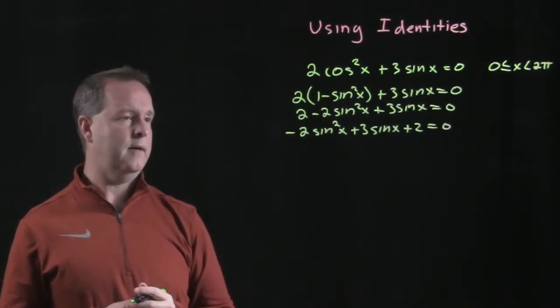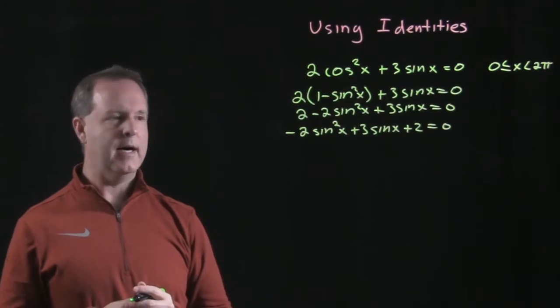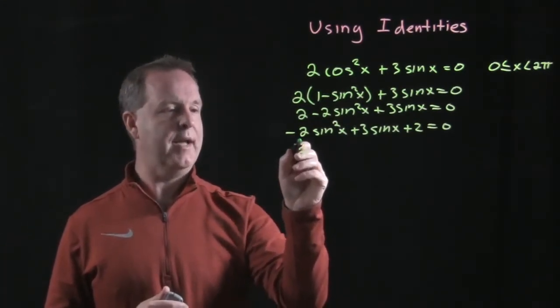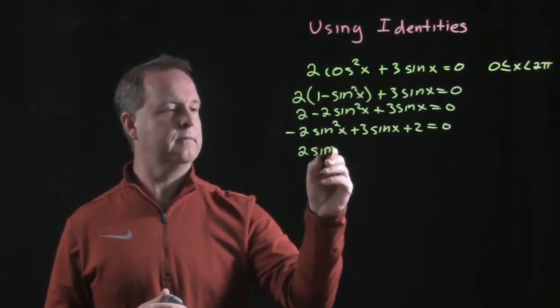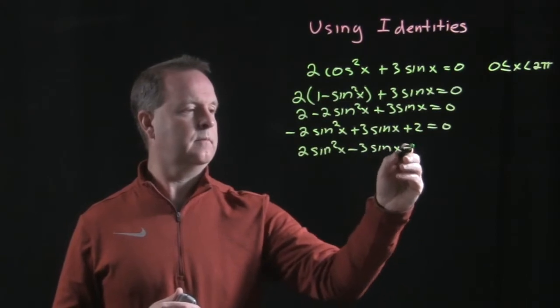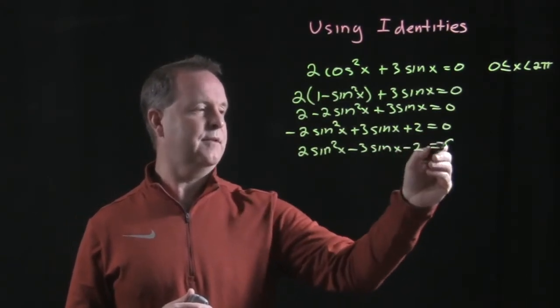I think I did all right there. Just double checking, a lot of work. Let's multiply everything through by a negative 1, so I have a leading coefficient as positive. Zero times a negative, just zero.